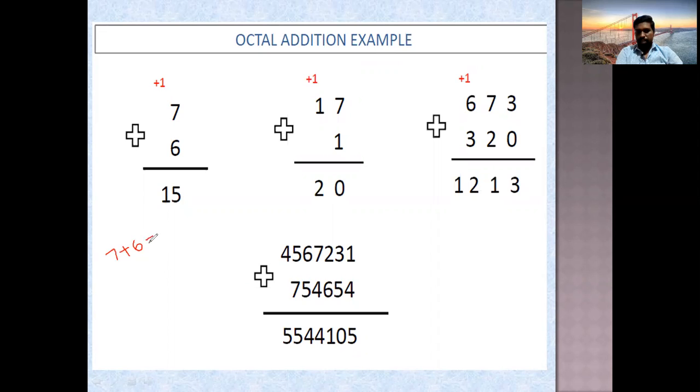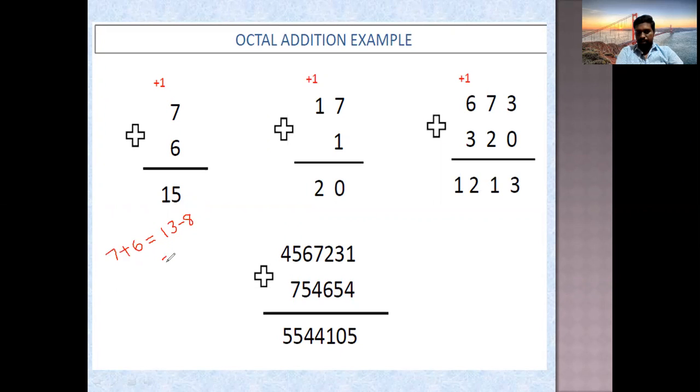What is the answer you will get? In general, you will get 13 as your answer. But 13 is not in the range of octal. So when the result is not in the range of octal, subtract 8 from the result.